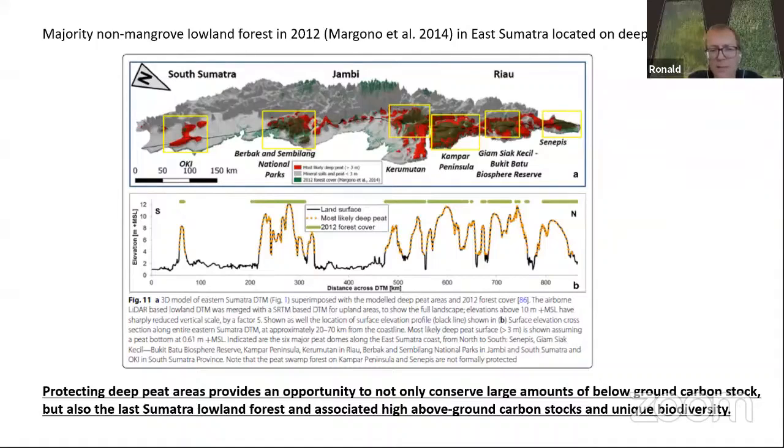So protecting deep peat areas provides an opportunity to not only conserve large amounts of below ground peat carbon, but also the last of the Sumatra lowland forest and associated high above ground carbon stock and unique biodiversity in those forests.